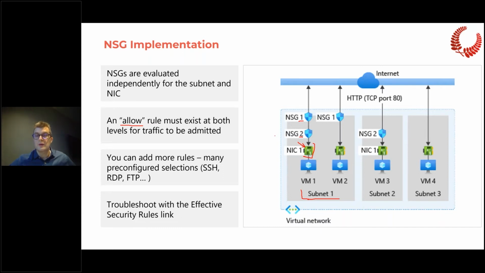So if network security group 1 or 2 has one rule that forbids traffic to go in, the traffic won't go in. This is one nice implementation where some administrators suggest that we should have either the first or the second implementation.